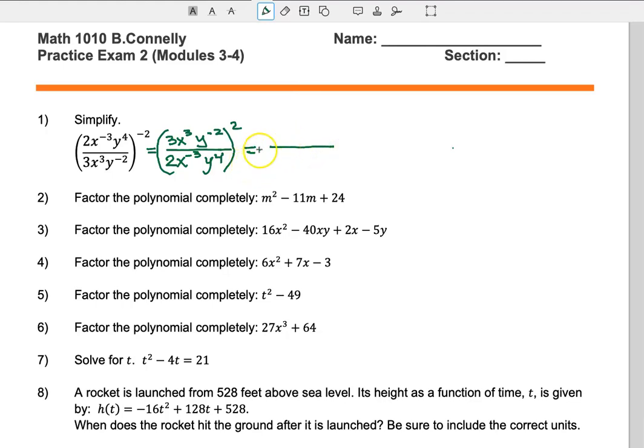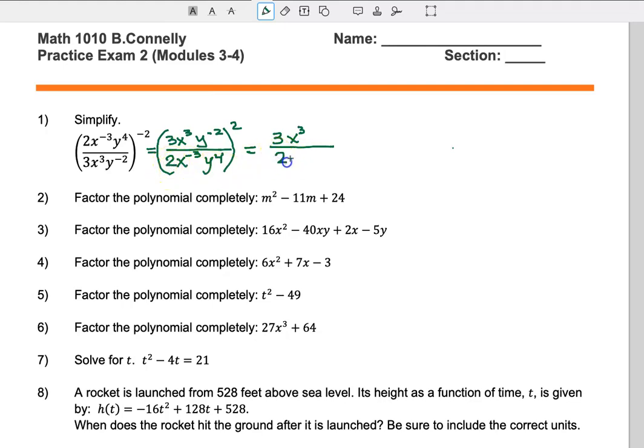They're happy where they're at, whether they're on top or bottom. So I can see that that 3 is perfectly happy to be there. That x to the 3rd has a positive exponent, so it wants to stay, right? But that y to the negative 2 wants to go downstairs. Let me write down here the stuff that wants to stay in the bottom.